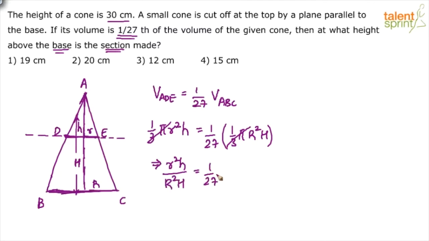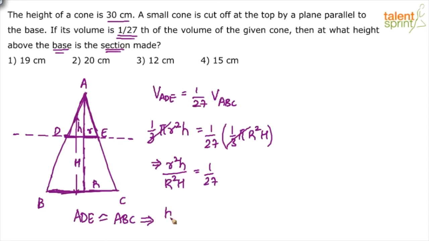Now, another interesting point here is, if you observe the 2 triangles, triangle ADE and triangle ABC, these 2 are similar. Yes or no? Because the plane that we have used was parallel to the base. So, I can say ADE is similar to ABC, which means the ratio of their heights will be equal to the ratio of their bases.